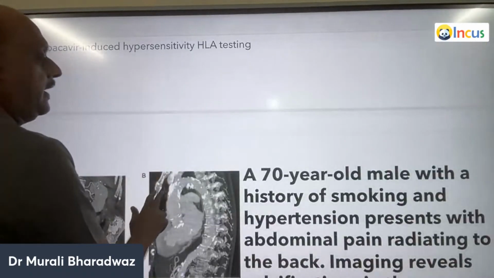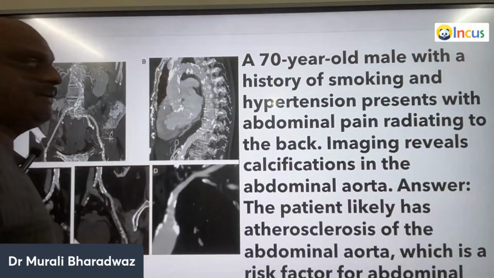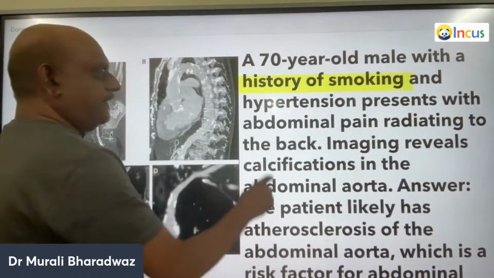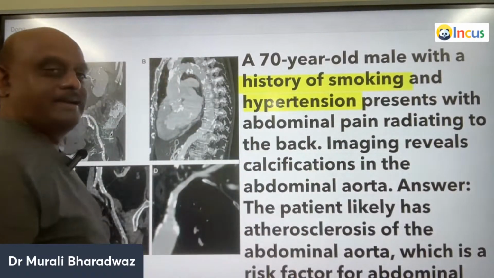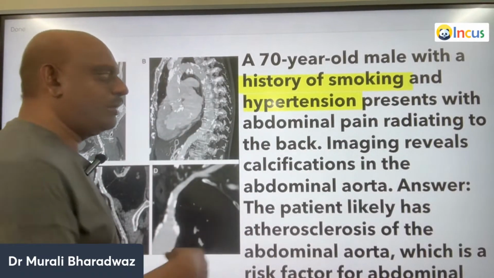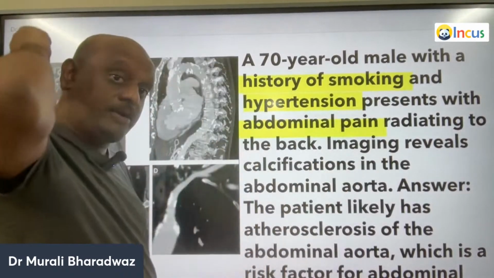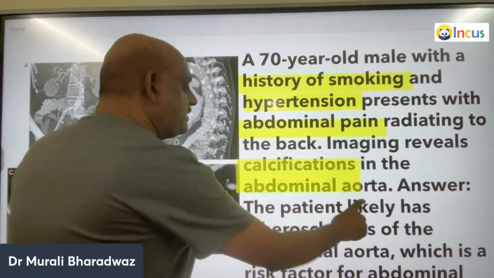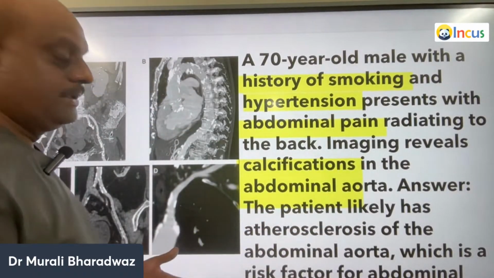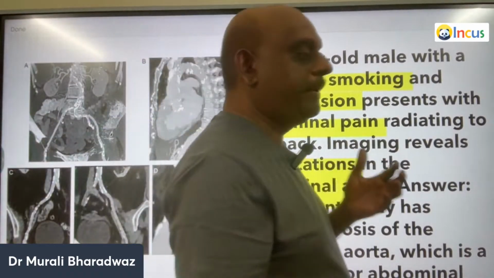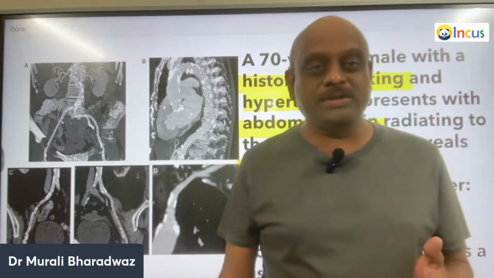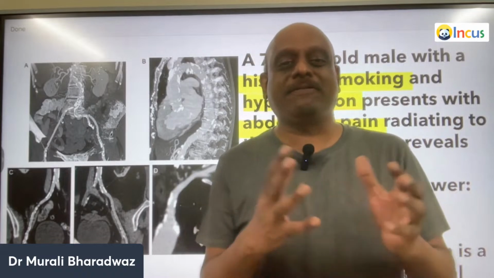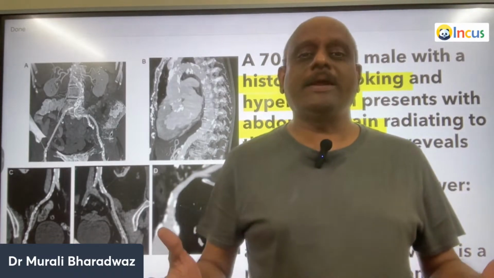Now, the next clinical vignette. A 70-year-old man with a history of smoking and hypertension presents with abdominal pain radiating to the back, the interscapular area. And the imaging shows calcification of the abdominal aorta. So what is the most common predisposing factor for abdominal aortic aneurysm? Typically in elderly people, atherosclerosis is a predisposing factor for the abdominal aortic aneurysm.